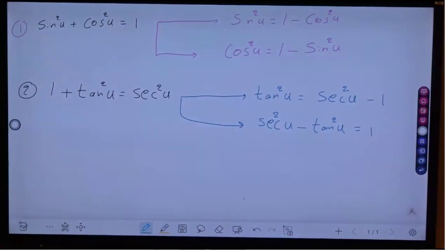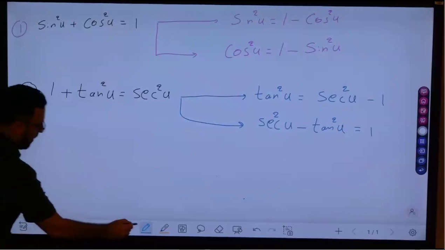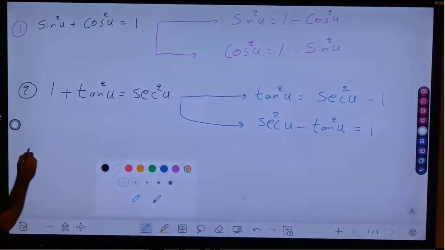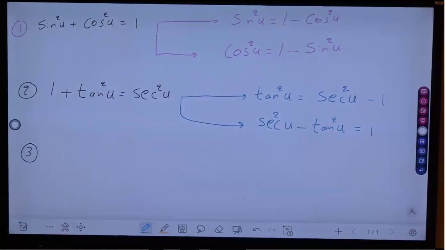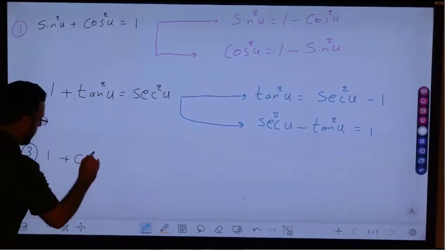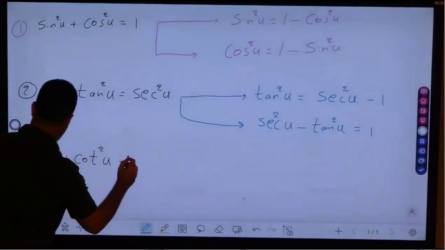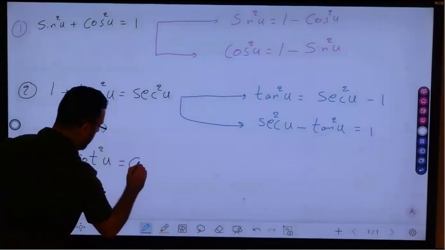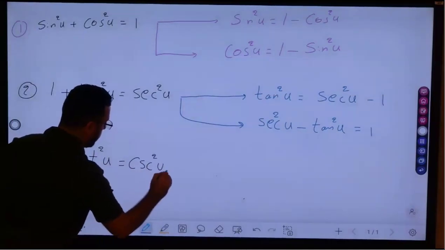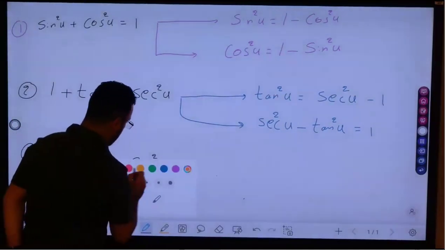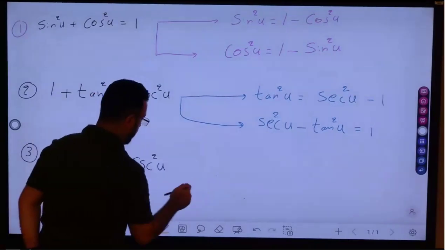Can I do the same thing with the third one? Number 3, which is 1 plus cotangent square of u equal what? Cosecant square u. I can get two rules again from this one.